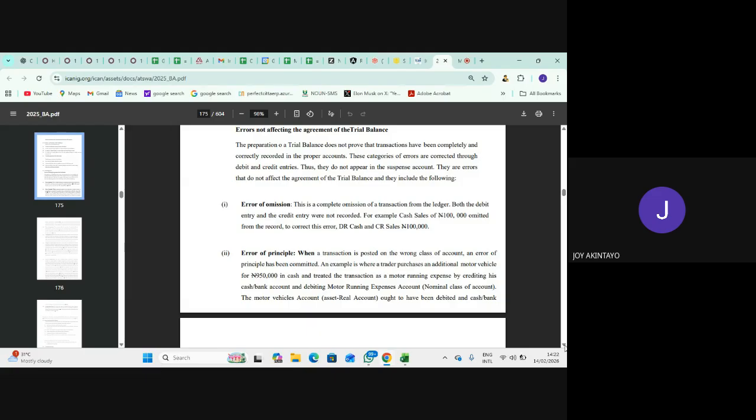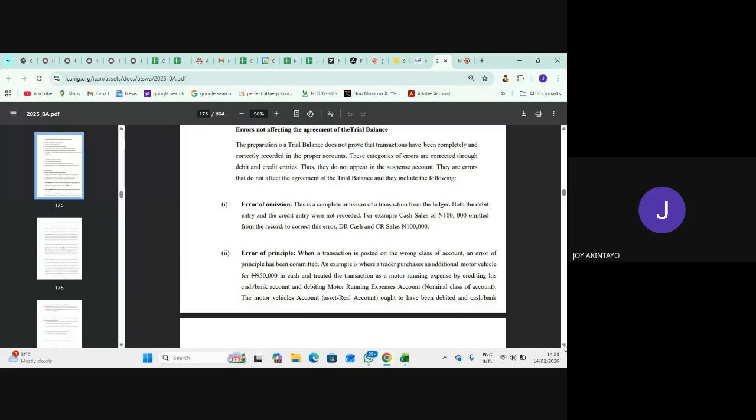Are we together? So now we are looking at the wrong class of accounts. When a transaction is posted to the wrong class of accounts, an error of principle has been committed. An example is where a trader purchases an additional motor vehicle for 950,000 naira in cash.